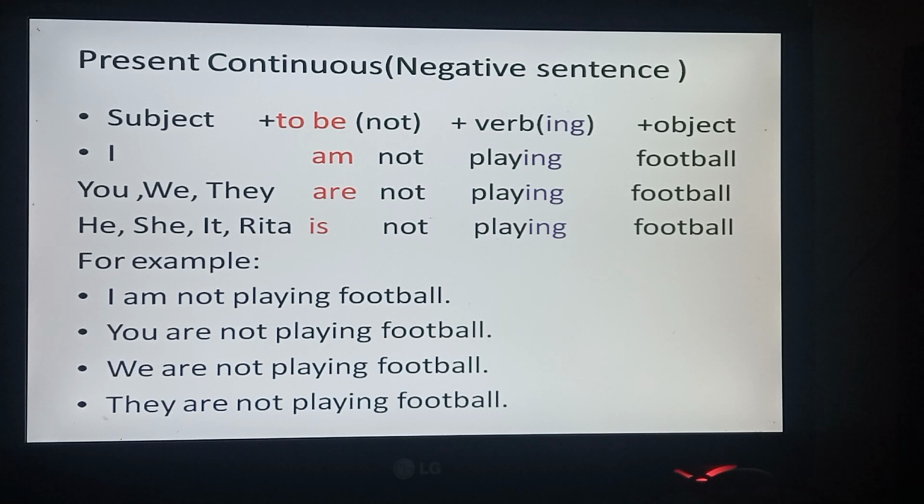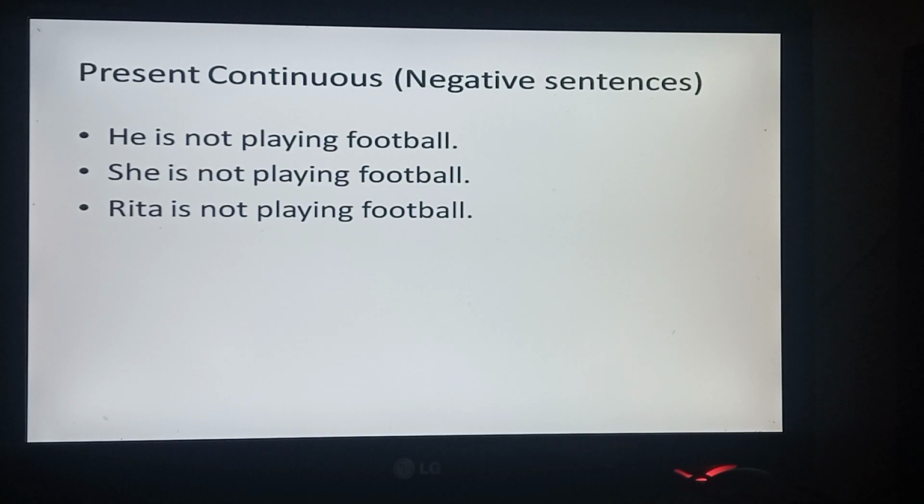For example: I am not playing football, you are not playing football, we are not playing football, they are not playing football. Next, he is not playing football, she is not playing football, Rita is not playing football.